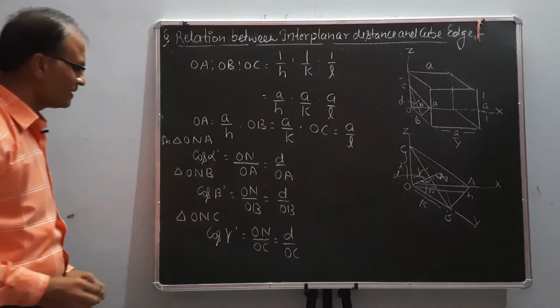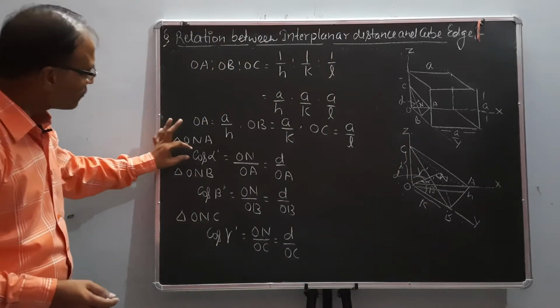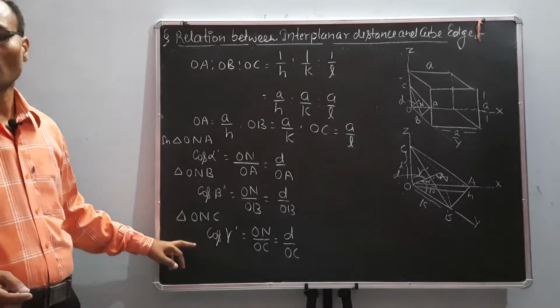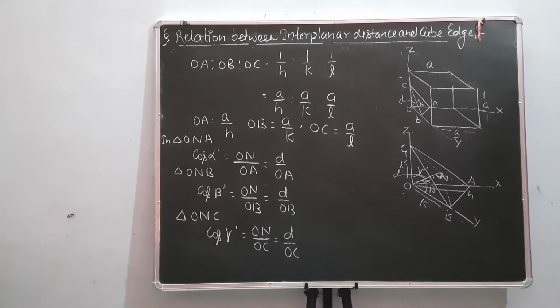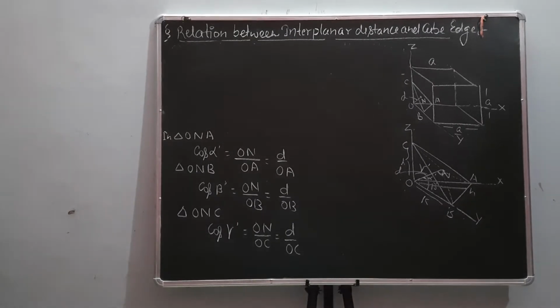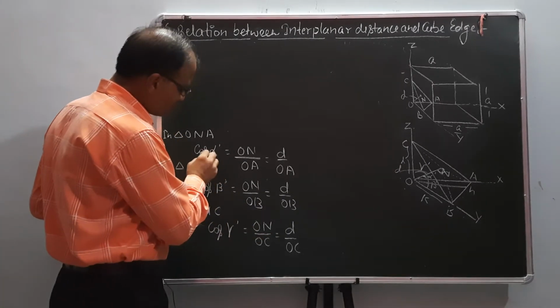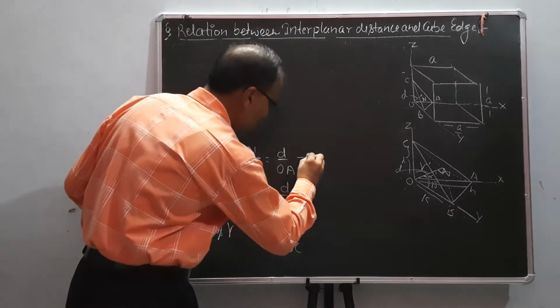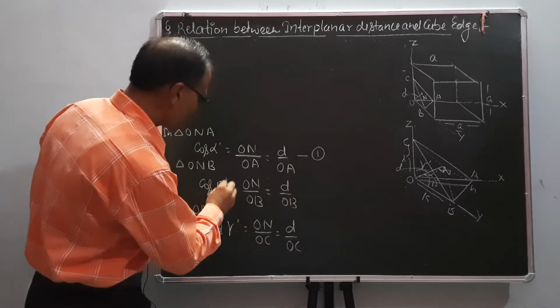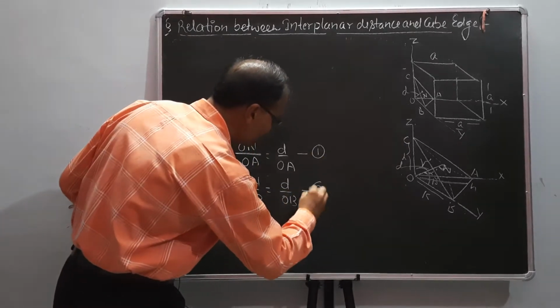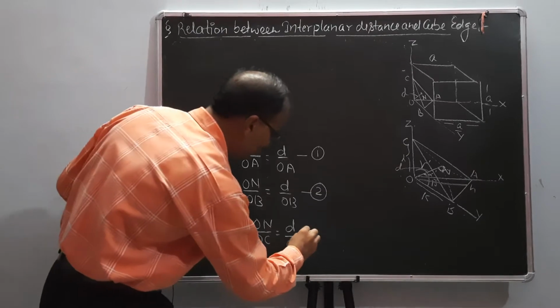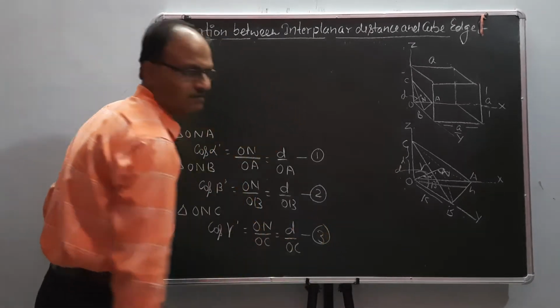In these triangles we have taken the three cosines: cos alpha, cos beta and cos gamma. Now this cos alpha dash equation is equation number 1, cos beta dash is equation number 2 and cos gamma dash is equation number 3.